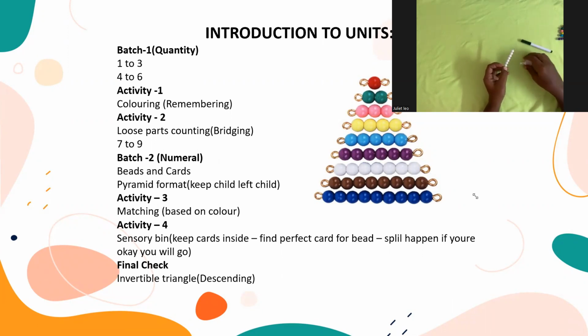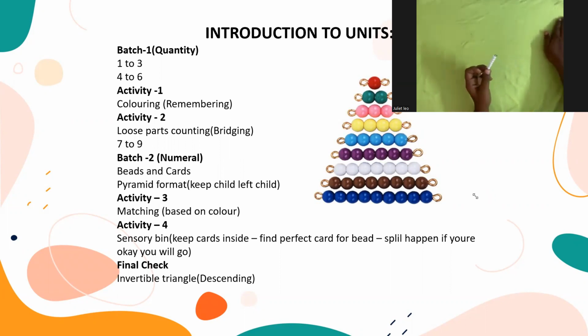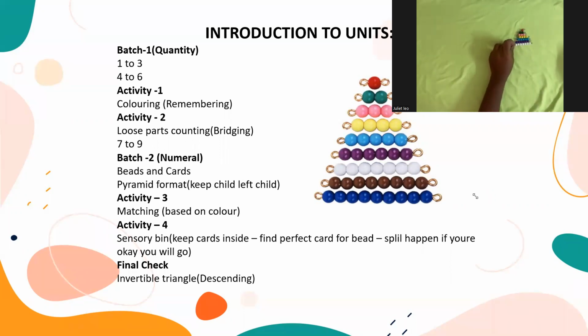We may use some pointer, or some pen, or anything, or we may use our finger also. Likewise, we can point to each and every bead so that the child can count the entire thing.